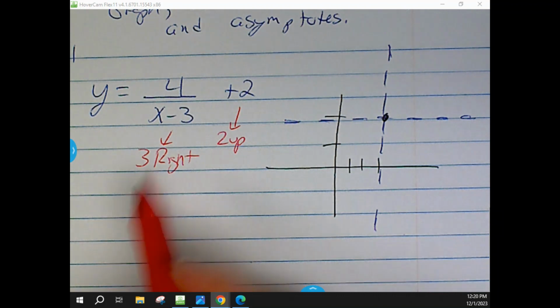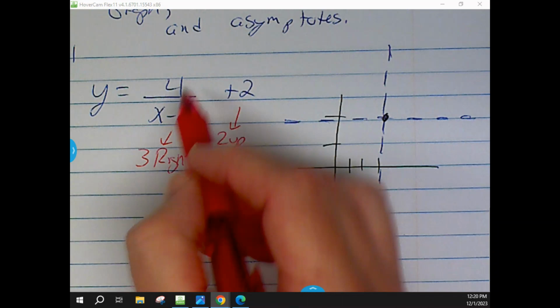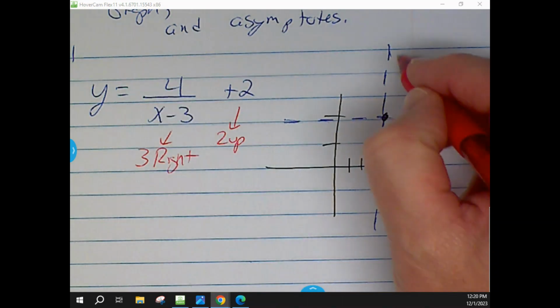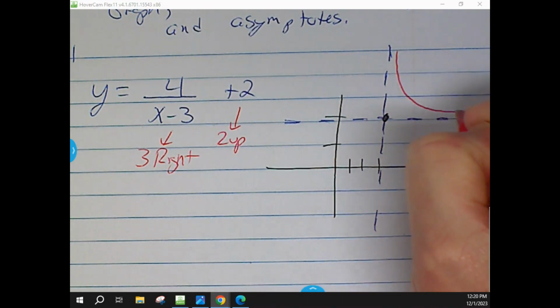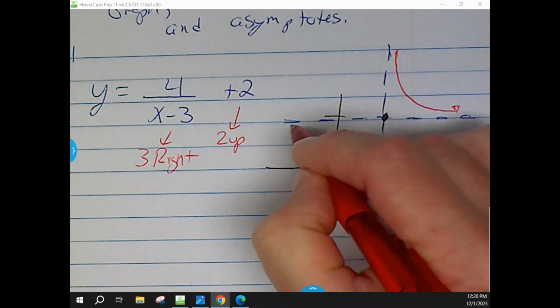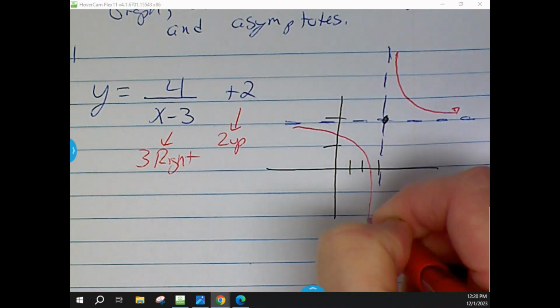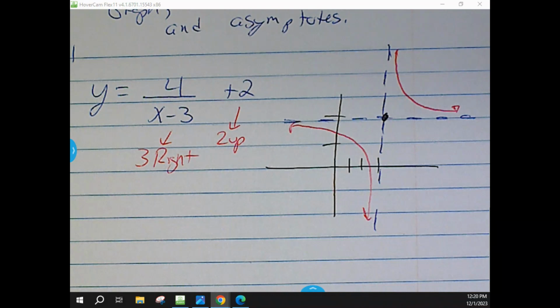All right, now here's where you use your top number to help you know what's going on. The top number is positive, so that means the curve has to be here and here. And if they ask you to graph it, that's all you have to do.